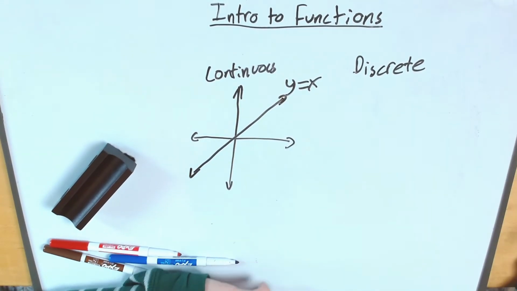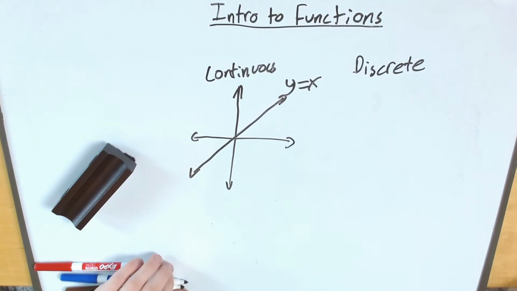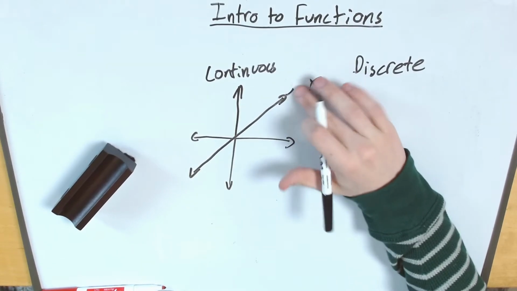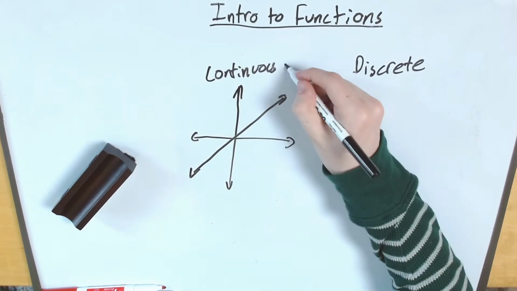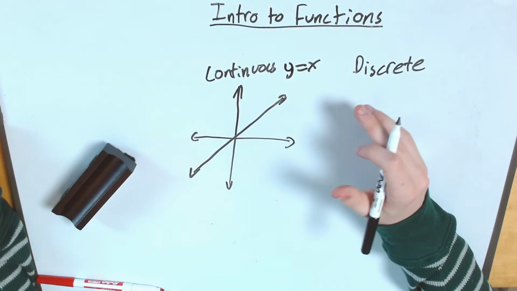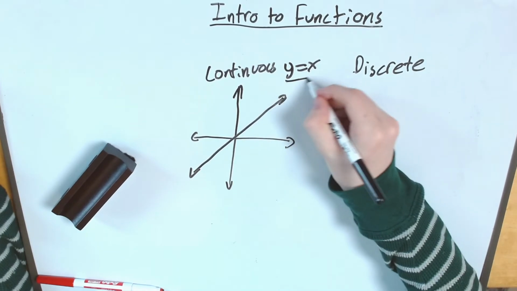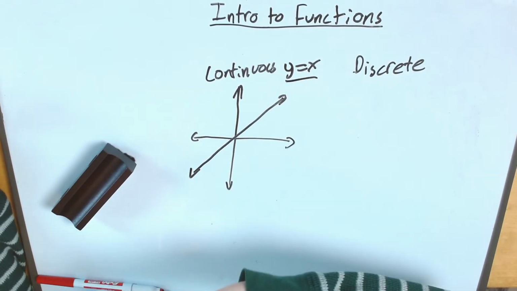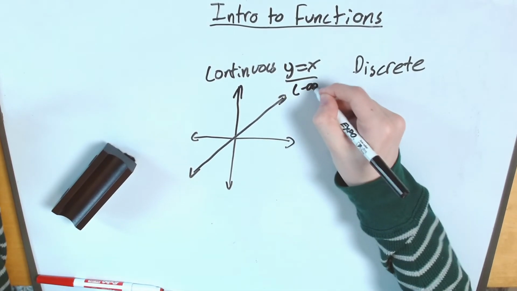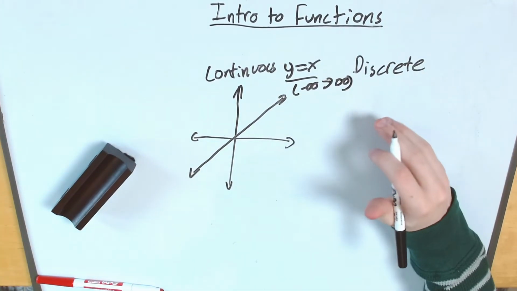They're functions where every point is connected, and points on this function can exist for any values within a set or infinite interval. In this case, when we're graphing y equals x, we're graphing it for all values, right? From negative infinity all the way up to positive infinity, right? So a huge range of values.